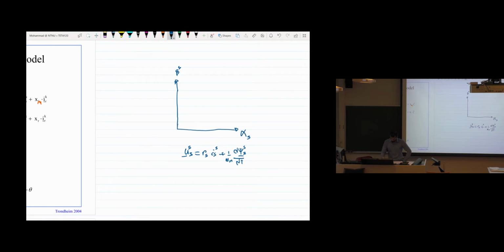And then we also see that for the rotor, we have the rotor axis here, alpha r, we put r, and then we have beta r here for the rotor.